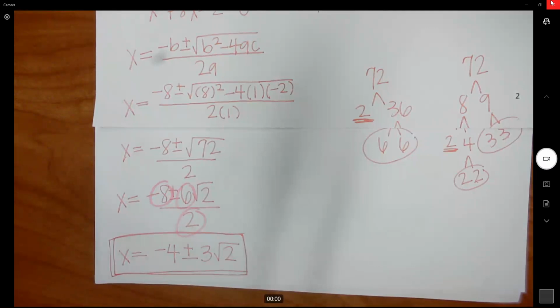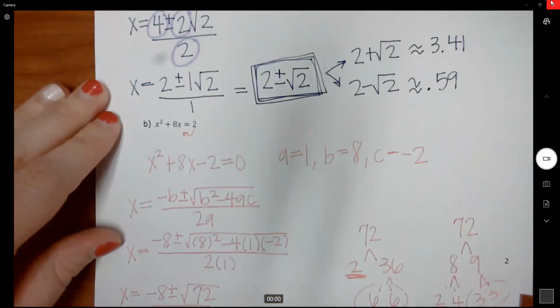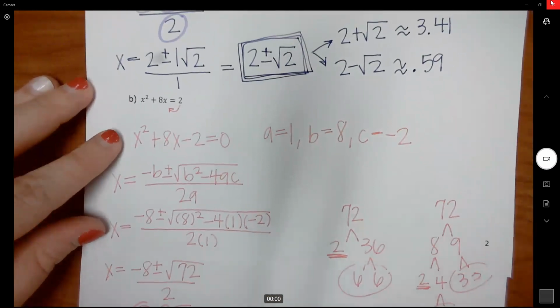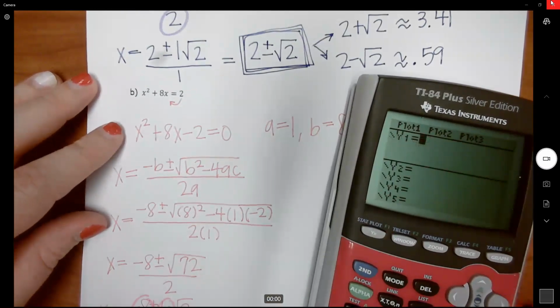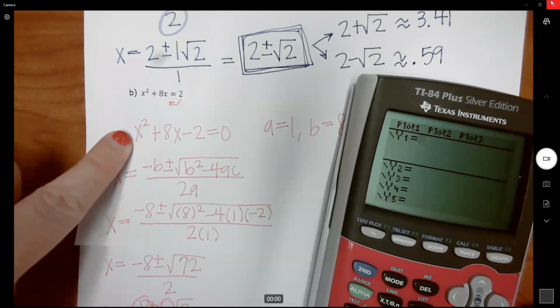I do want to show you that you can check these in your calculator. Okay. So if I go to this one here, I'm going to graph this. I can't graph it in this one. It does have to be all equals 0.